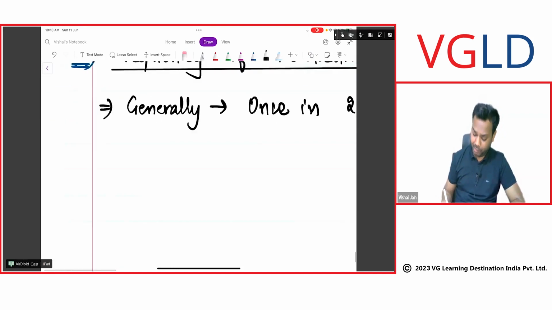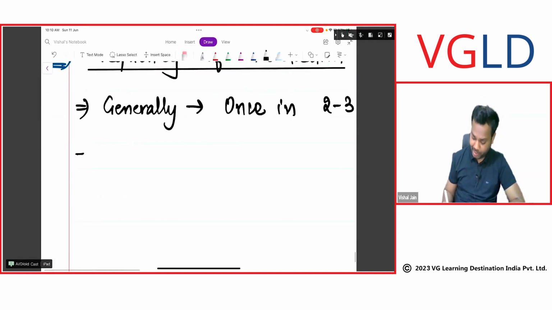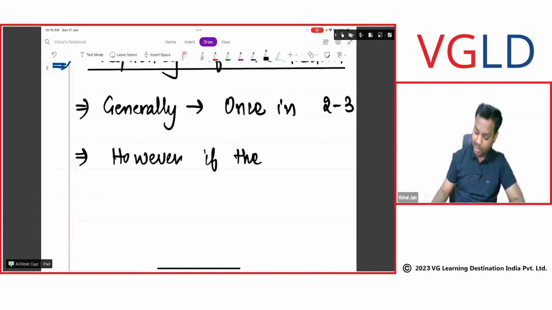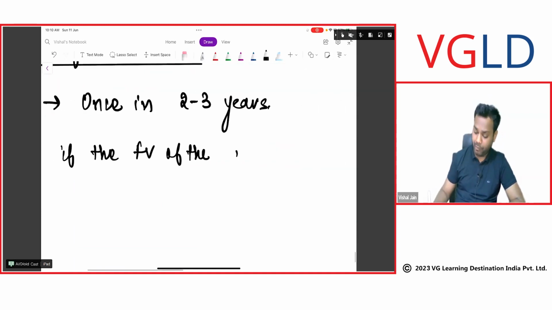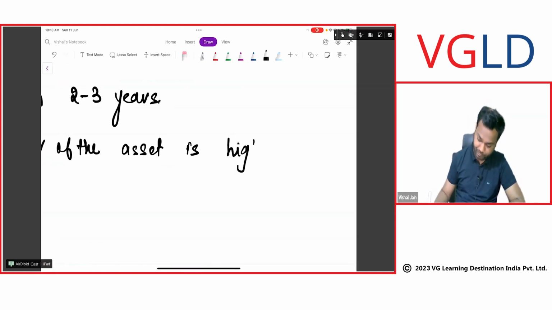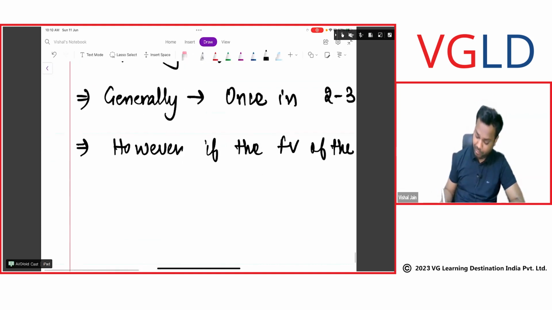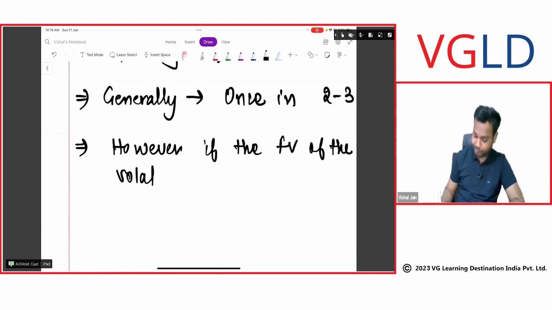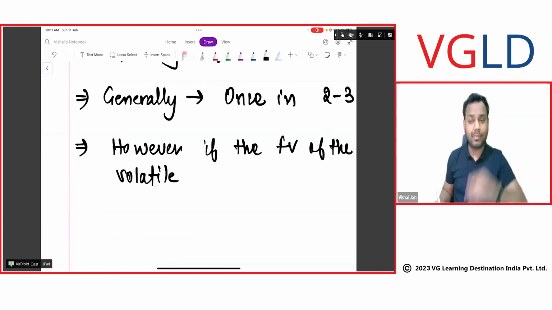But, however, understand, if the fair value of the asset is highly volatile, what is the meaning of volatile?